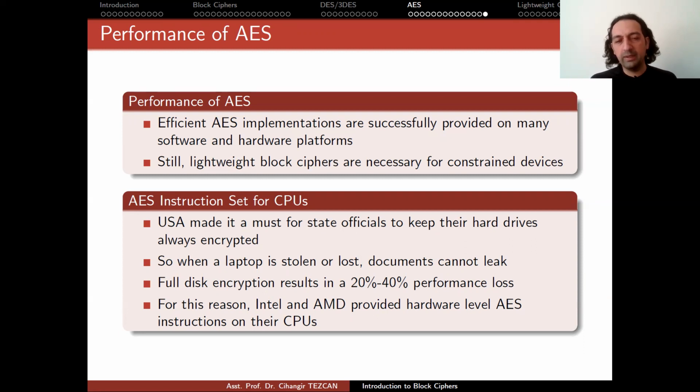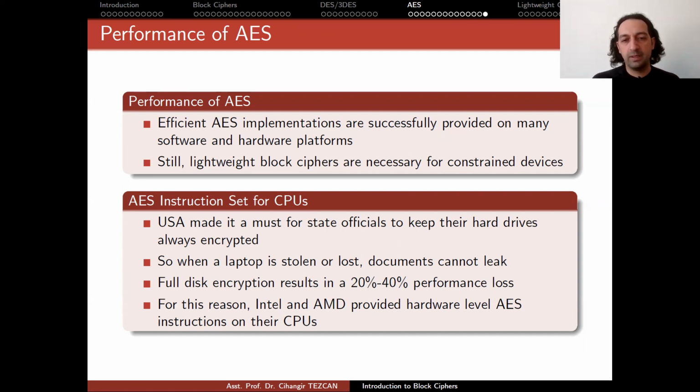So instead of writing software code, you can use these hardware instructions in, for instance, your C implementations to use the hardware level implementation of AES, and it provides around 10 times faster results. So you cannot write a software level implementation that can beat this hardware encryption.